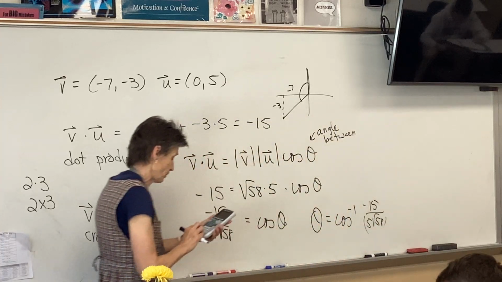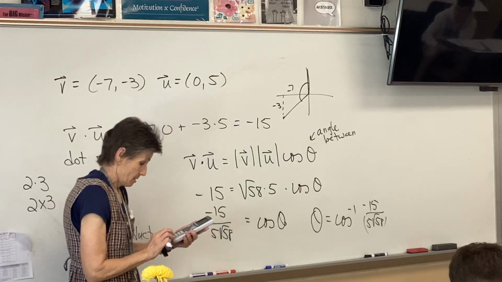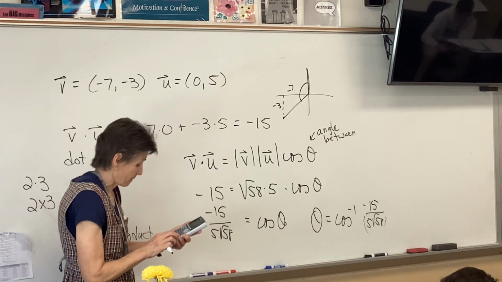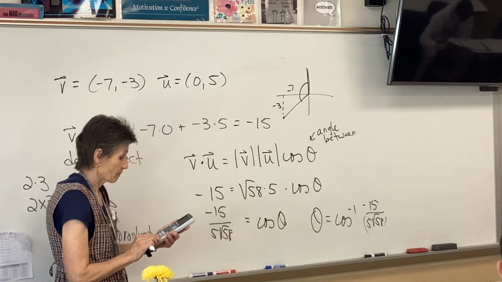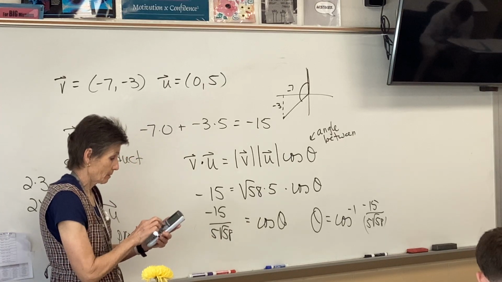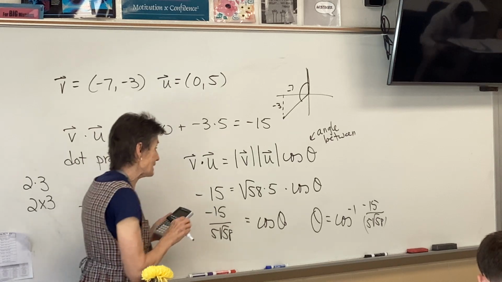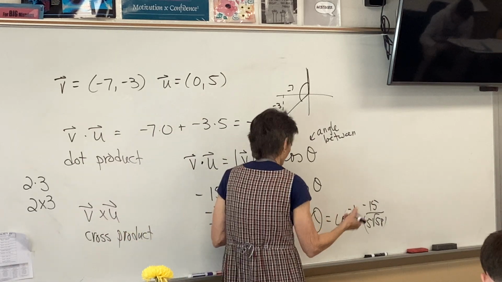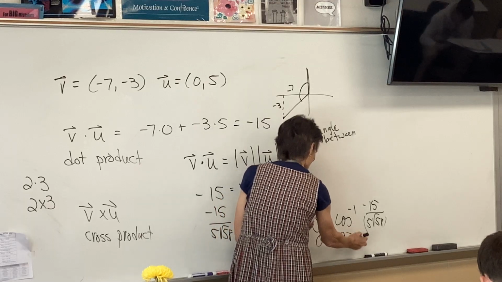Make sure you have both of those things in the denominator, inverse cosine. I'm in radian mode, which of course our class is in radian mode. So I got 1.976 radians.